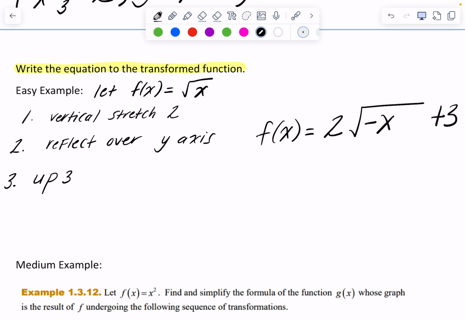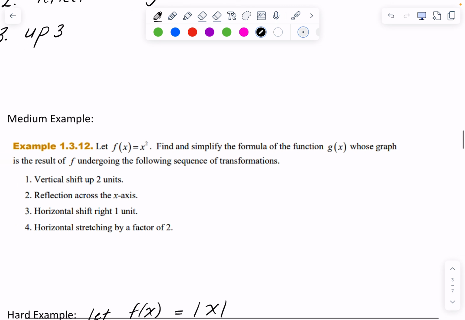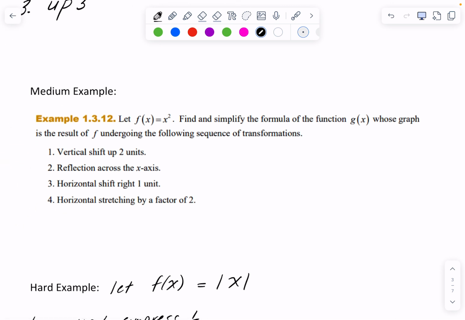That was our easy example. Let's do a medium level one. If x squared is the parent function, write the equation with these shifts. Up 2 units. So we're like, okay. Up 2 will be like added 2 out here, correct? Reflect over the x-axis. So where will that negative be?